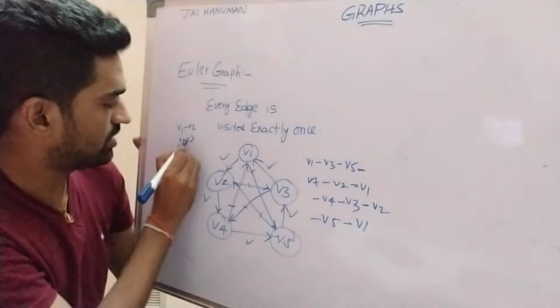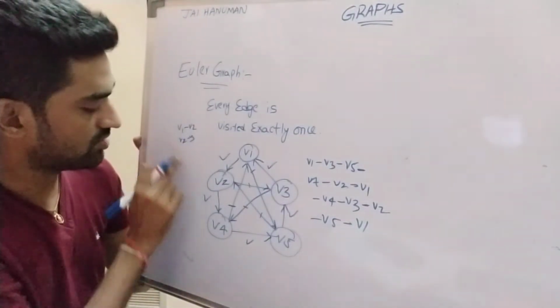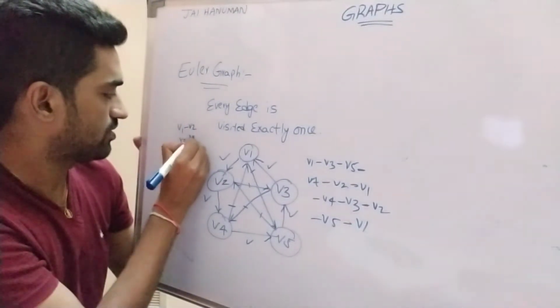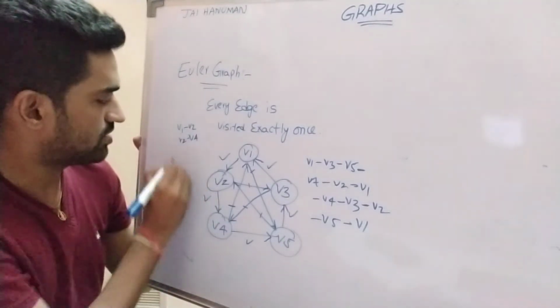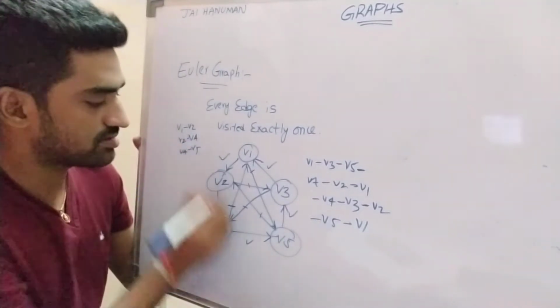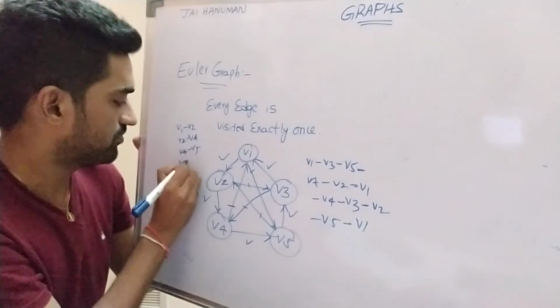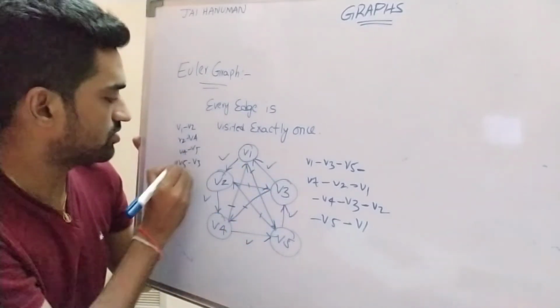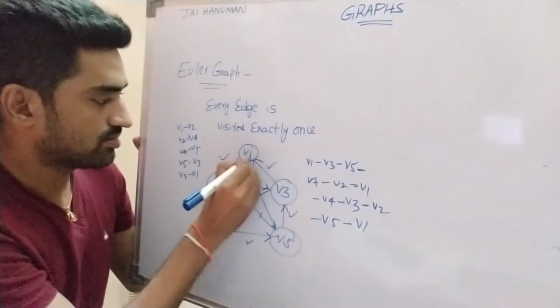Then V2 to V4, V4 to V5, V5 to V3, V3 to V1, these edges are visited, right?